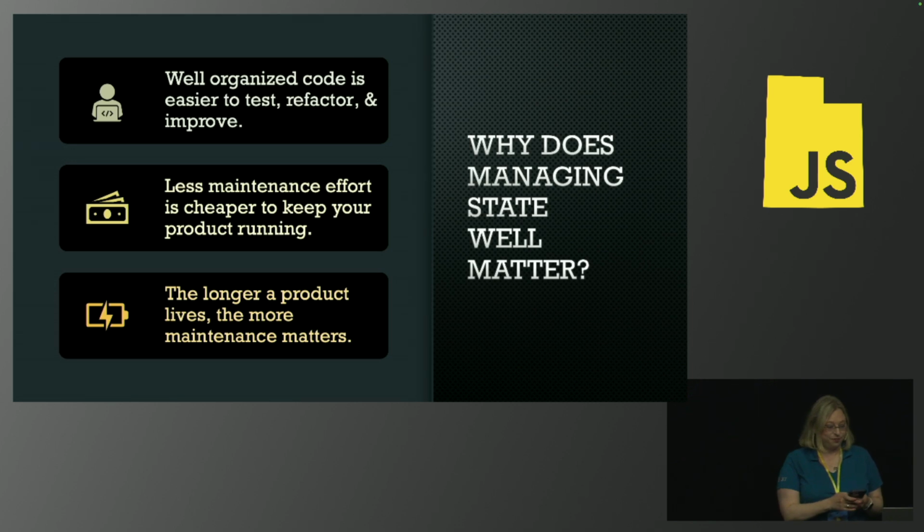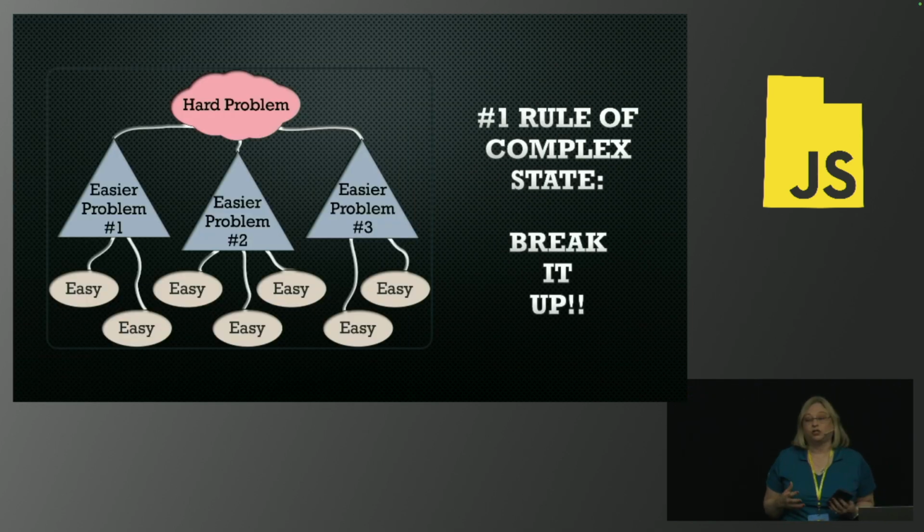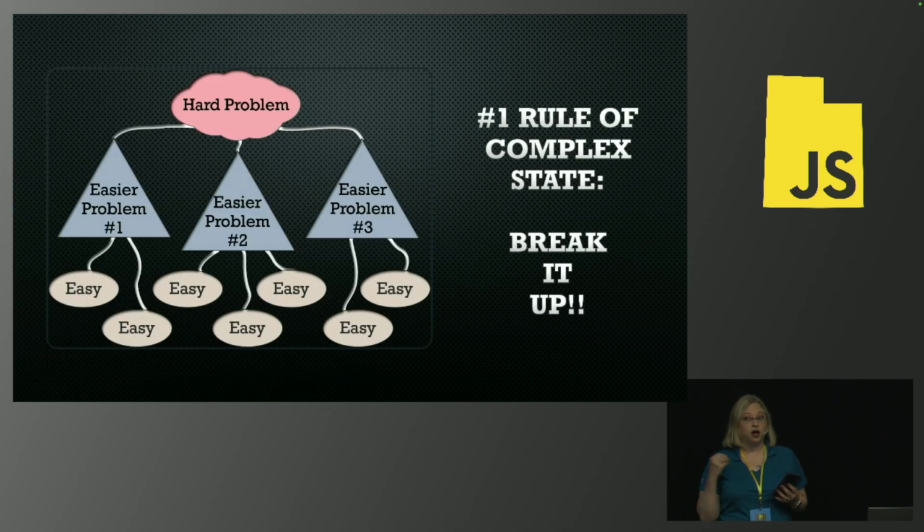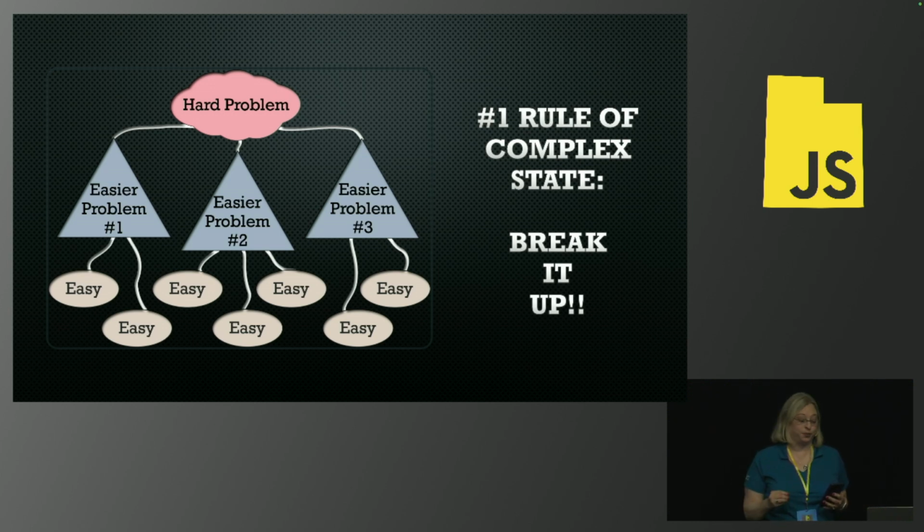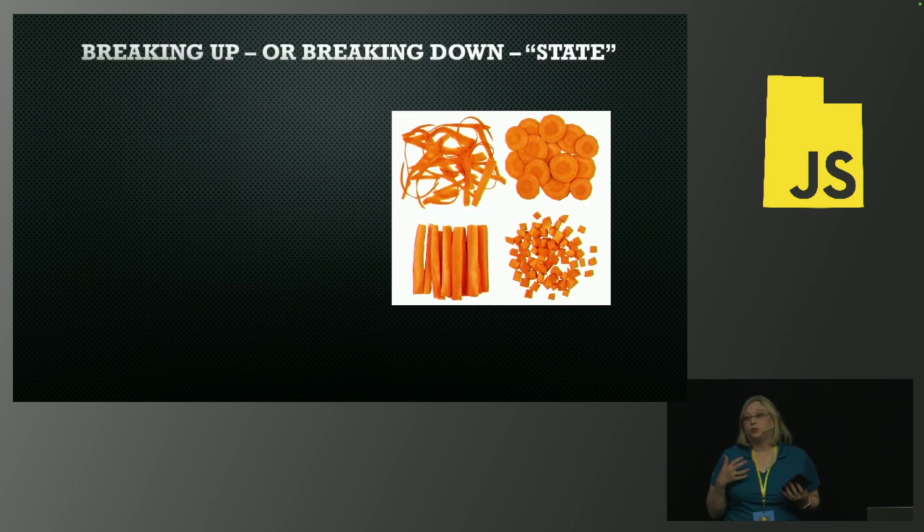My number one rule for complex state is to break down that hard problem into simpler problems. You want easier problems, and then you break those easier problems into even easier problems, until you're solving an easy thing. That is the best way to handle it. When you break it down, there are a lot of ways to do it.